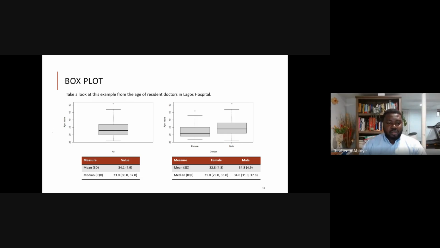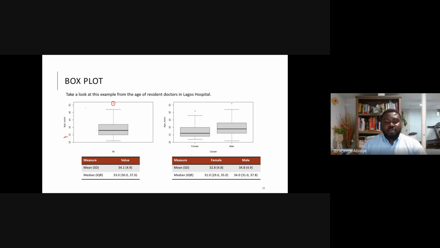This is the box plot we're just looking at. We said that the data was skewed, right skewed, and the median was 33. And we have this outlier. Once in a while, you have an older person who comes back to the residency, maybe 50 something.